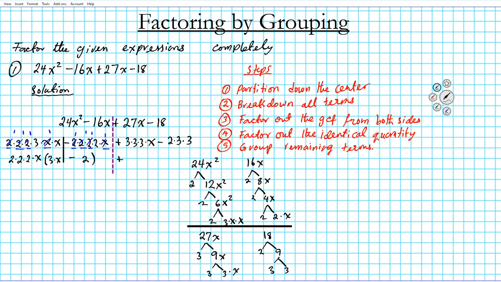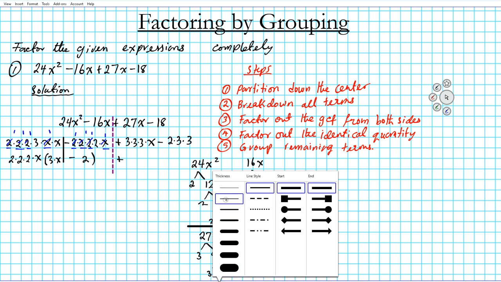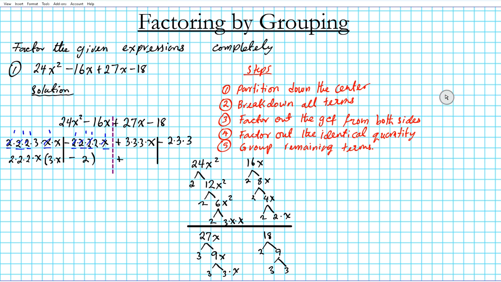What's common on the left and on the right side of our partition? Let's put up a line there just to help us see what's going on. What's common on the left and the right side? We can take out 2 3's. You can take out a 3 and a 3, and another 3 and another 3, on the right side of our partition.